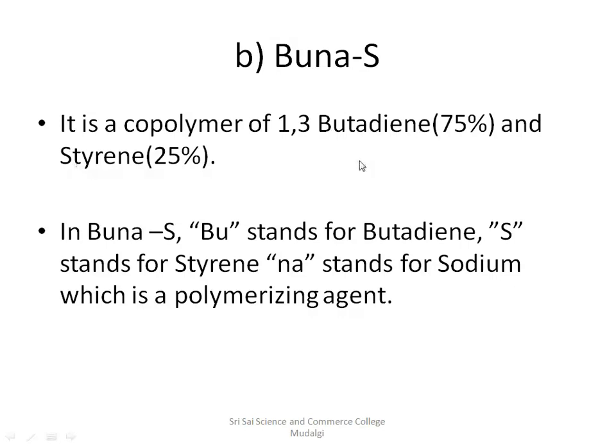Of these, 75% is 1,3 butadiene and 25% is styrene. Together these form Buna-S. Remember, Buna-S is a type of synthetic rubber whose monomers are 1,3 butadiene and styrene, in the composition of 75% 1,3 butadiene and 25% styrene.